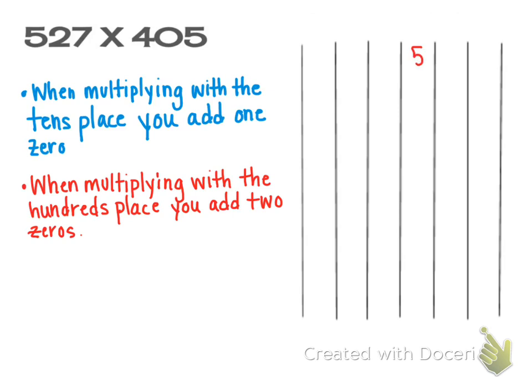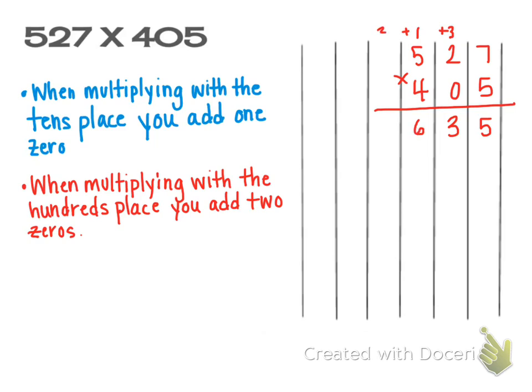We have 527 times 405. Let's start with the 5. I know that 5 times 7 is 35, so I put the 5 here, and I carry the 3 to the next place value. 5 times 2 is 10, plus the 3 is 13, and I carry the 1 over to the next place value. 5 times 5 is 25, plus the 1 is 26.